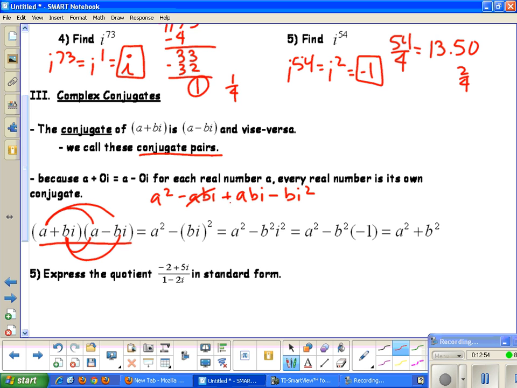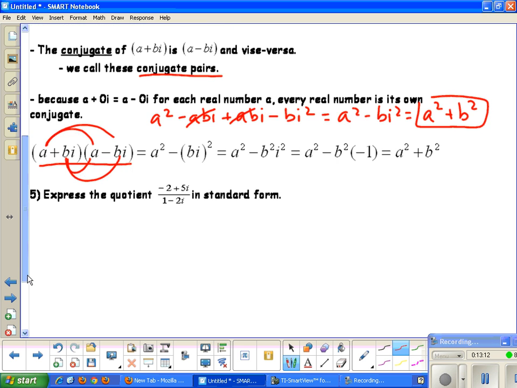So when I do that, my middle terms cancel out, and I'm left with a squared minus b squared i squared, but remember i squared is really -1, so we get a squared plus b squared for my answer if you FOIL it out.